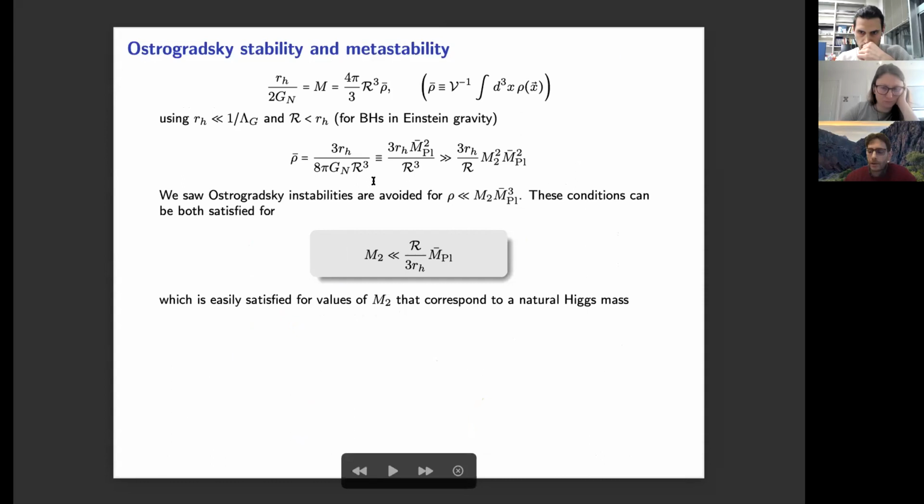And finally, here I also show you what is the condition on the parameters of the theory in order to have these ultracompact objects that are also stable with respect to Ostrogradsky instabilities. Essentially, M2 has to be much smaller than this capital R divided by r_H times the Planck scale. So for M2 that corresponds to a natural Higgs mass, there is a lot of parameter space for which this is true.